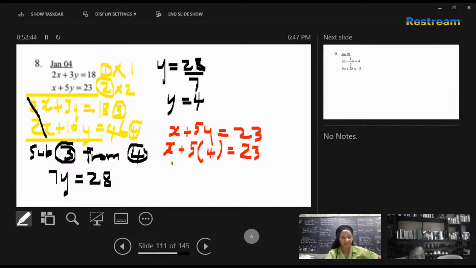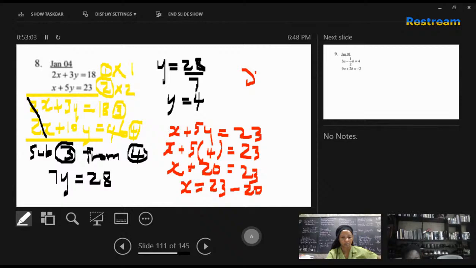Alright, so x plus 5 times 4 is 20. X equals 23 minus 20. X equals 3. Alright, plug them in and see. Oh, I already plugged them in. It works out. It's correct. Yes, miss.